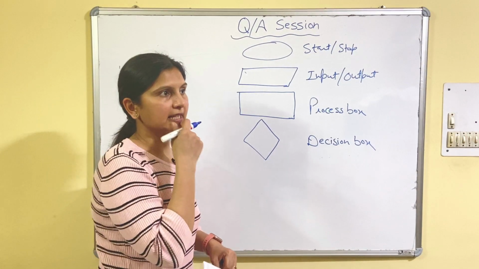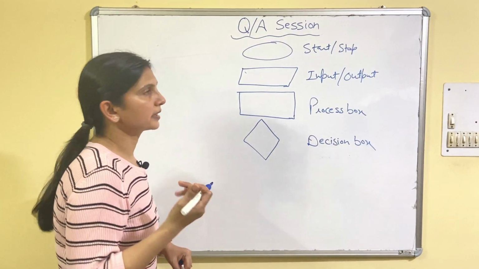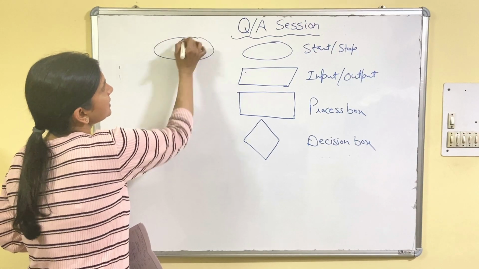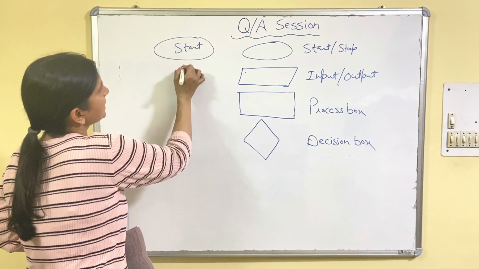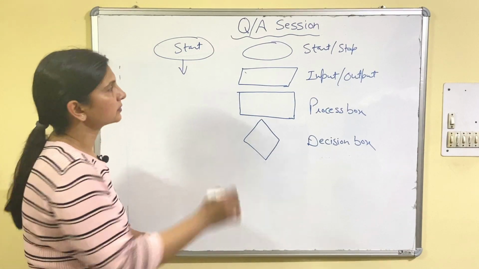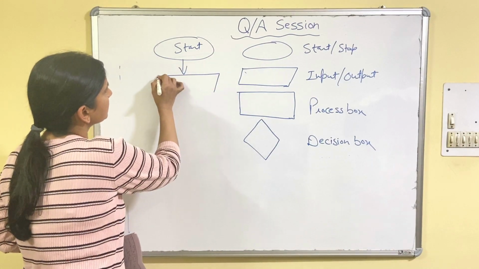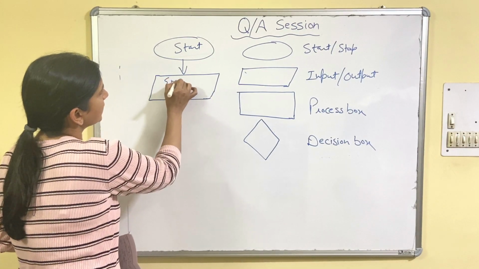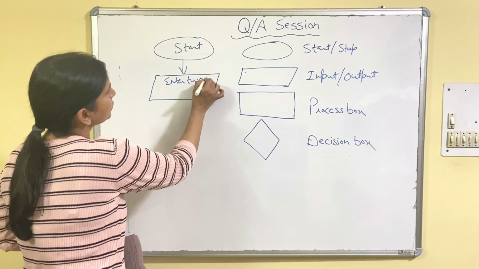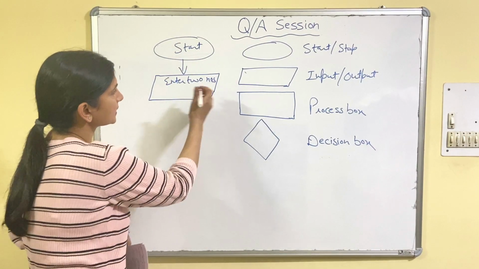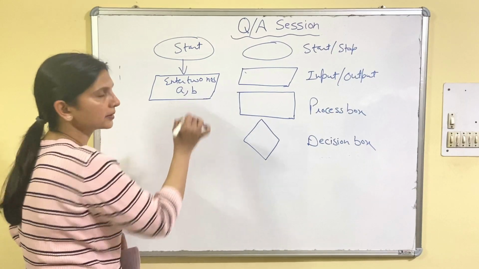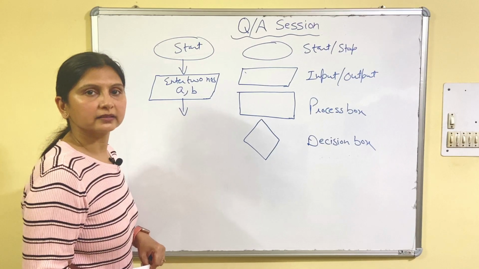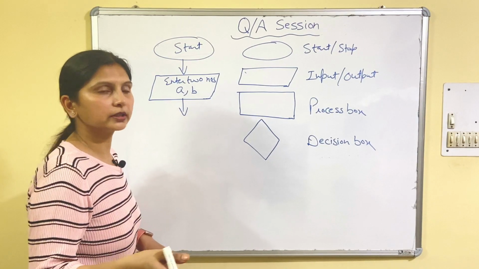Fine. I am taking a simple example: greater of two numbers. So how will we write it? First we start with the start box. Then we enter two numbers, step by step: enter two numbers A, B. Then we need to check if A is greater than B or not.